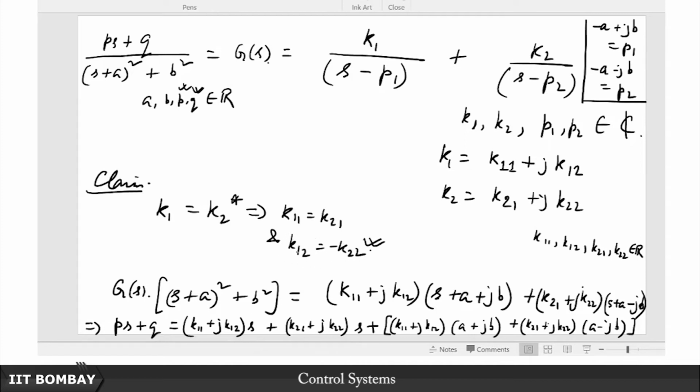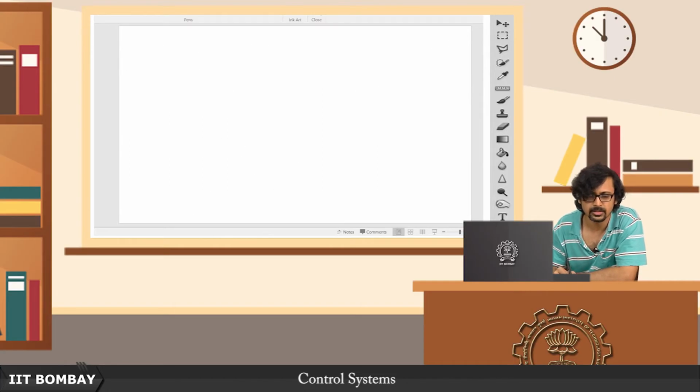If we know that K12 is equal to minus K22, then look at what happens here: we have a minus K22 times B appearing here, and a plus K12 times B appearing here, and K12 times A appearing here, so those parts will definitely vanish.